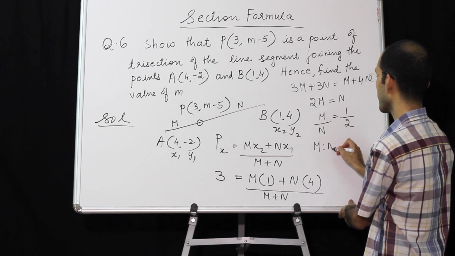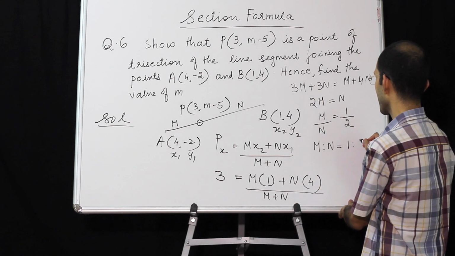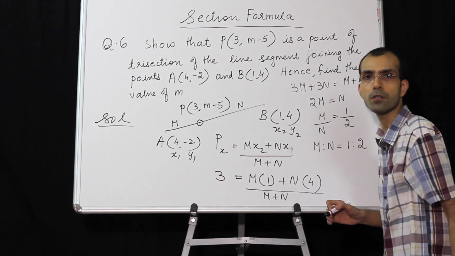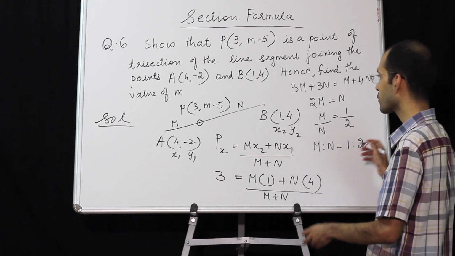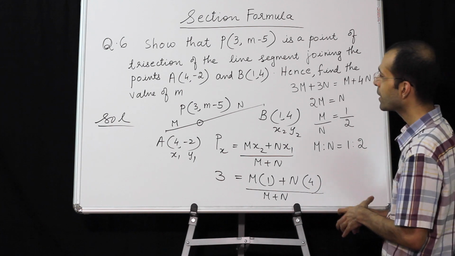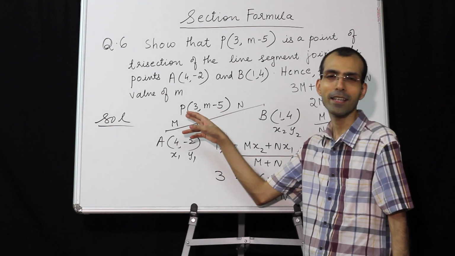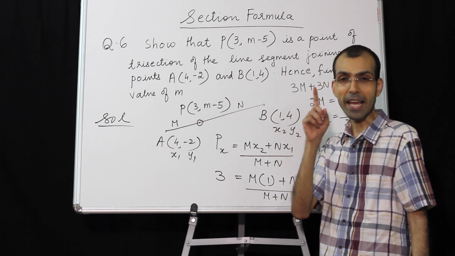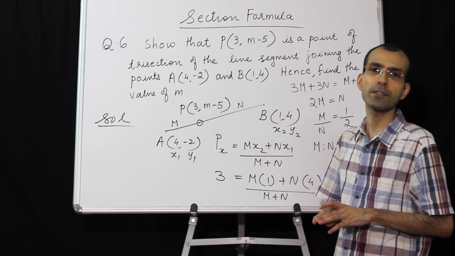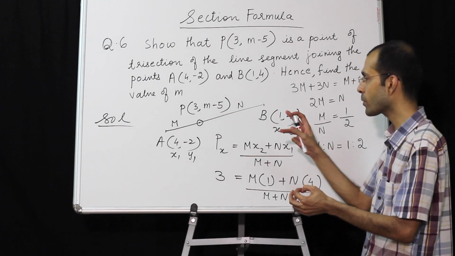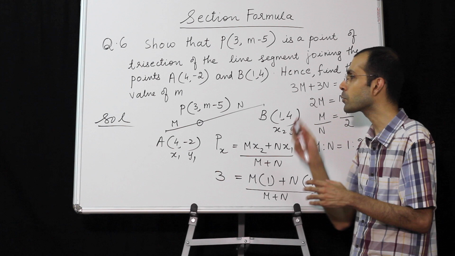So M is to N is 1 is to 2. We have found the ratio M is to N is 1 is to 2. Therefore point P can definitely act as a potential point of trisection because the ratio is coming out to be 1 is to 2.